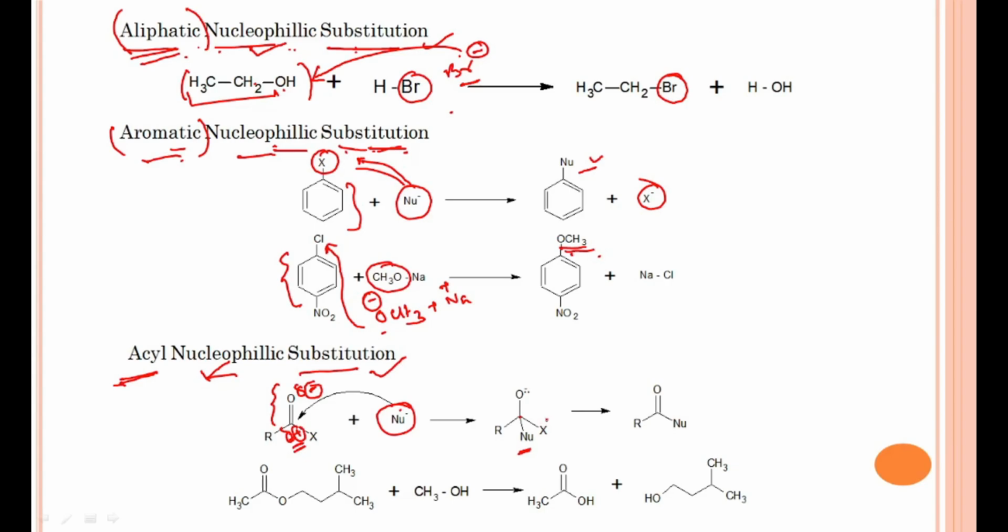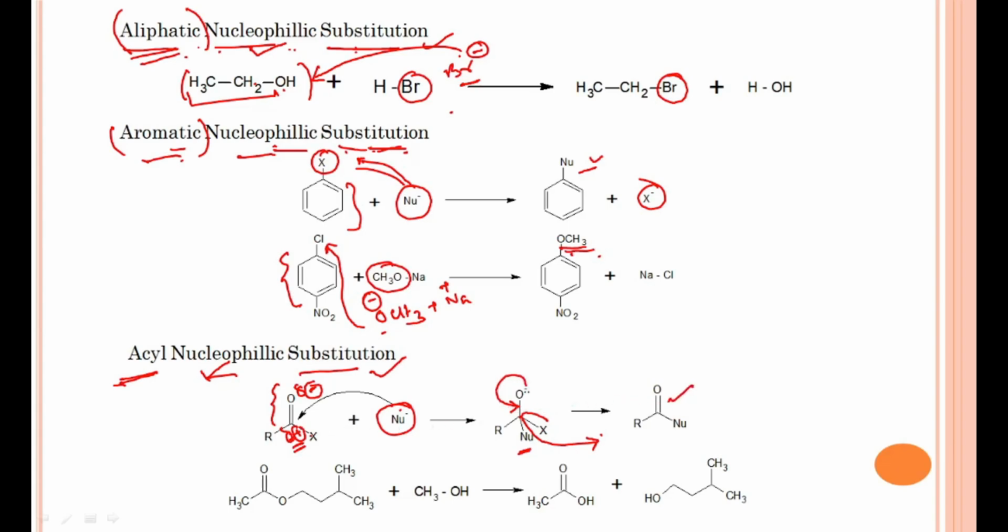In the next step, what happens? This X will go out along with the bonded electrons, and these electrons of oxygen will come back here and form a double bond. So this negative charge will also be neutralized, and these bonded electrons will form a double bond.